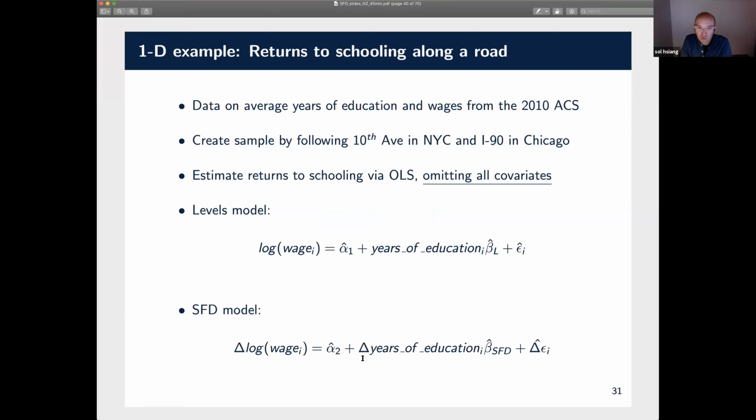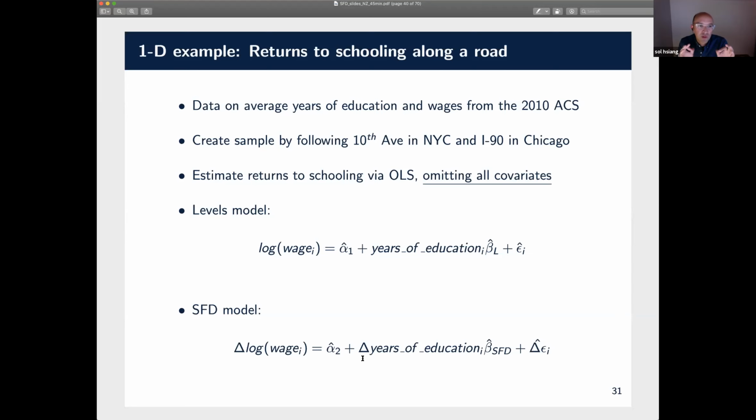We went to two different cities in the United States, and we looked for the longest road in New York City and the longest road in Chicago. And then we pulled all the census tracts along that road and ran a regression of log wages on years of schooling, putting in no other control variables.